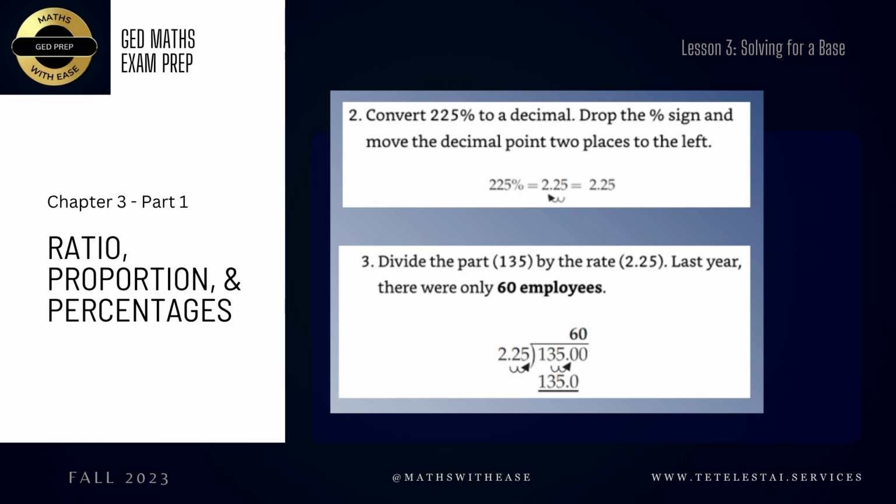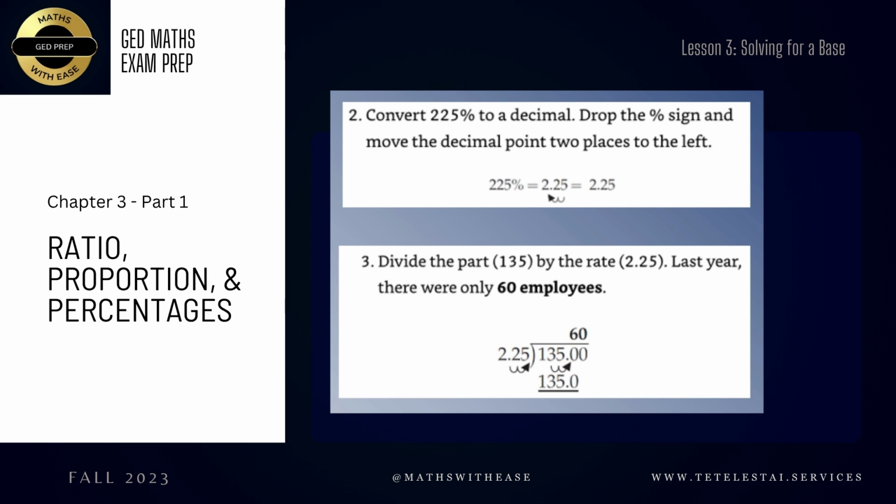Okay, so in this particular example, because this number 2.25 is greater than 1, right? It's not 0.25, for example, it's 2.25. So you know that this quantity will be less than whatever your dividend is. Why?